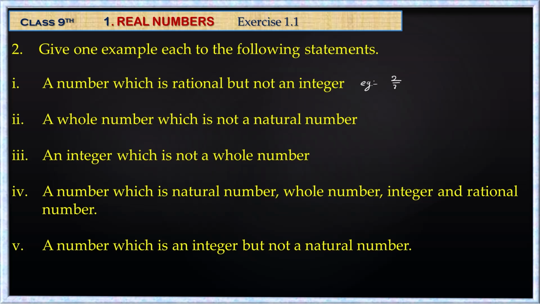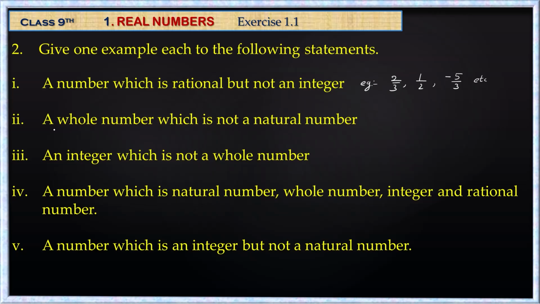For example, 2 by 3 is a rational number but not an integer. 1 by 2, minus 5 by 3. Like this, we can give any number which is in the form of p by q, where q is not equal to 0 and q is not equal to 1. If the denominator is equal to 1, it will become an integer. So if the denominator is not equal to 1 and not equal to 0, then it may not be an integer. It is only a rational number.